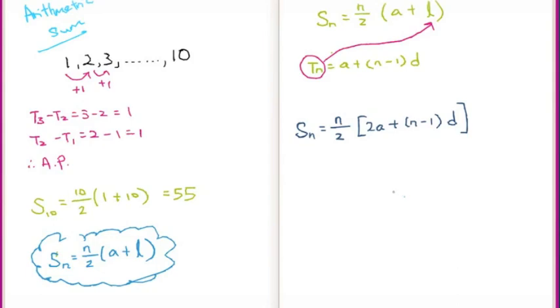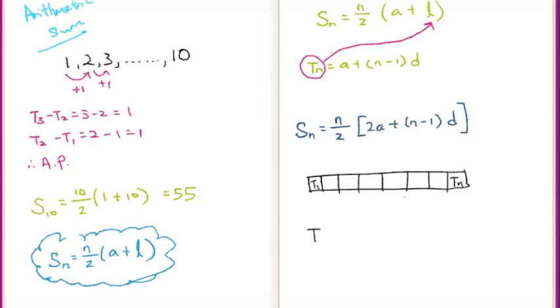Now, in the event of a set or subset, let's arrange all the terms into boxes. This is T1 and this is Tn, the last term.